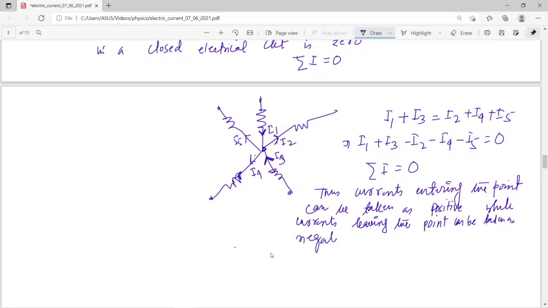So in your class 12, it may be that the current law is not used much, but in competitive exams, that is a very useful formula. You can apply it in different problems, and that will be very much beneficial.